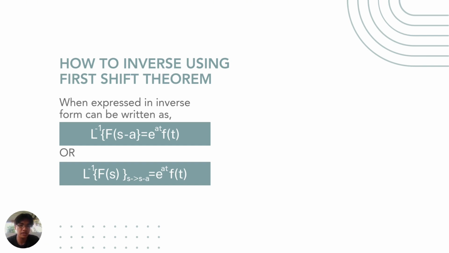When expressed in inverse form, it can be written as inverse Laplace of F(s minus a) equals e to the power of at times f(t). Or we can also denote it as inverse Laplace of F(s) at s minus a equals exponential a times t times f(t). All right, so let's do a quick sample question.